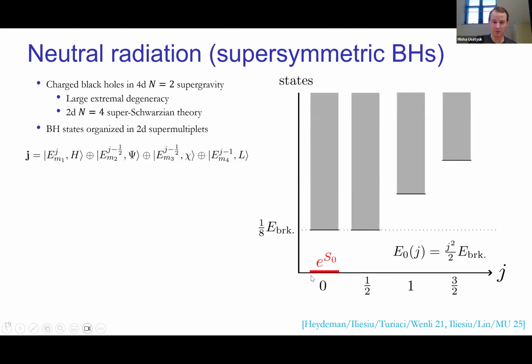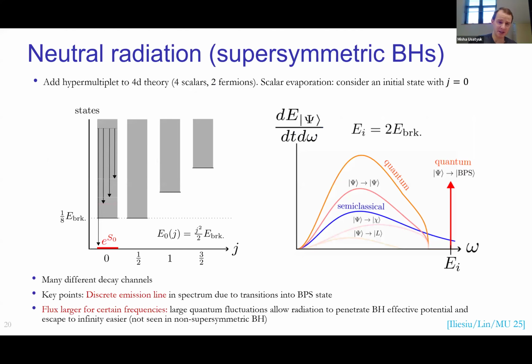The gap in energy to the continuum states is slightly different than the bosonic case, but that's a minor detail. So what happens if we start in some excited state up here and we ask, what does the spectra look like for emitted scalar particles if we add, say, some hypermultiplet to the theory?